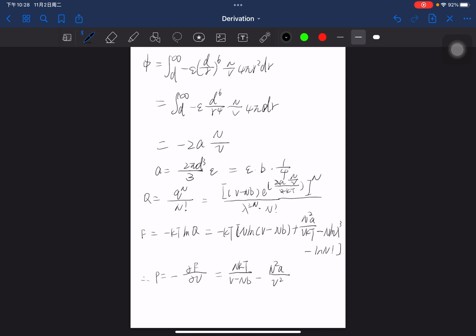We can rearrange this equation, so now it becomes (p plus N squared times a divided by V squared) times (V minus Nb) equals NkT. Then we can replace N with n times N_A, and we get the Van der Waals gas equation, with nb and nRT. I think that's it. That's all. Thank you very much.